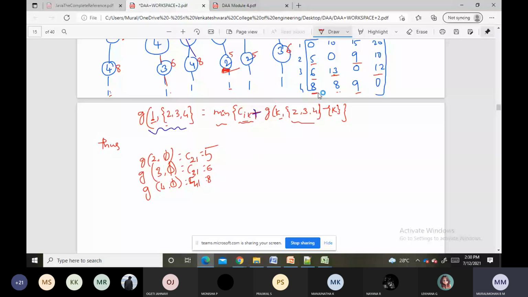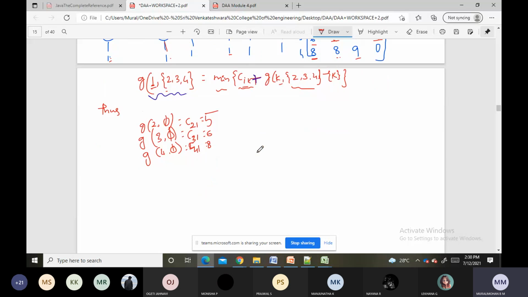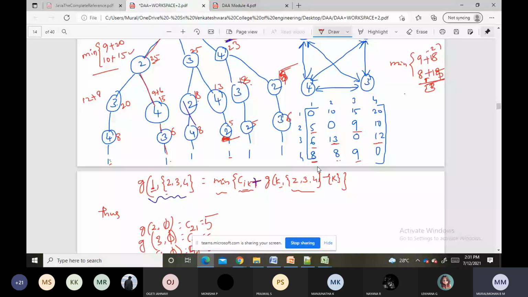Now assume that one step above we are going, that is, suppose we are at vertex 2. Observe here, when we are at vertex 2, we should go to 3, again 3 to 1.